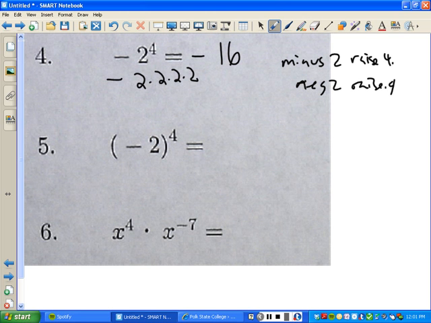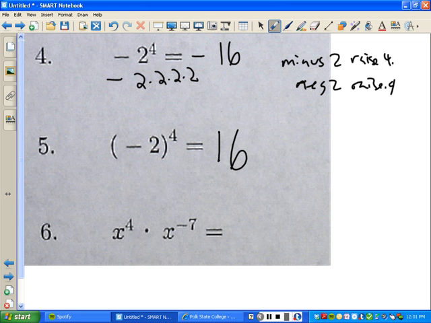Okay. Now, what's number 5? There's negative 2 to the 3rd power with parentheses, and then negative 2 without. To the 3rd power is different though.